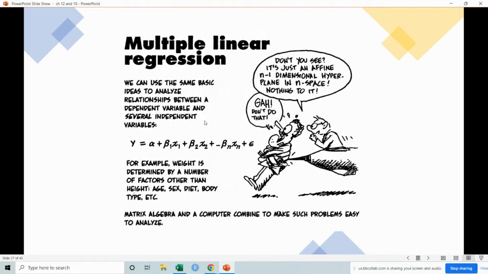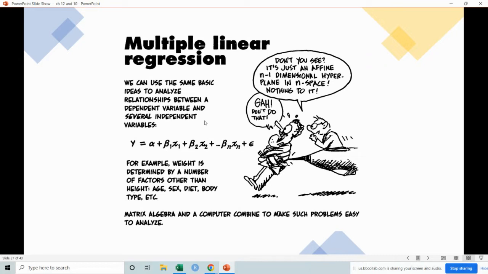All right. So, multiple linear regression. We can use the same basic ideas to analyze relationships between a dependent variable and several independent variables. That's kind of what we've been getting at, right? Weight and height.